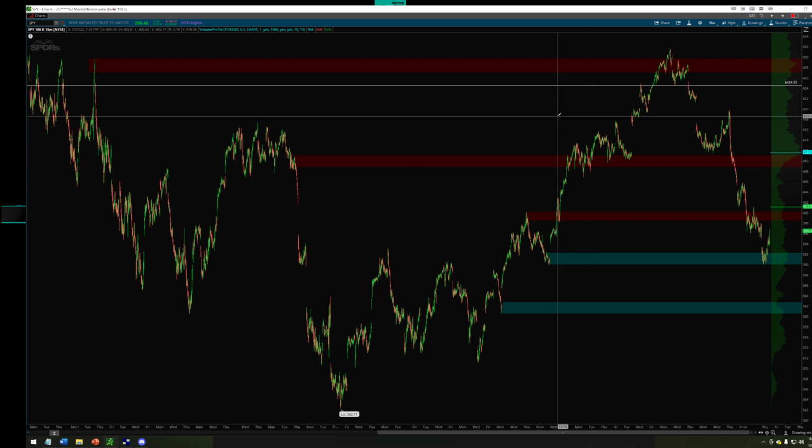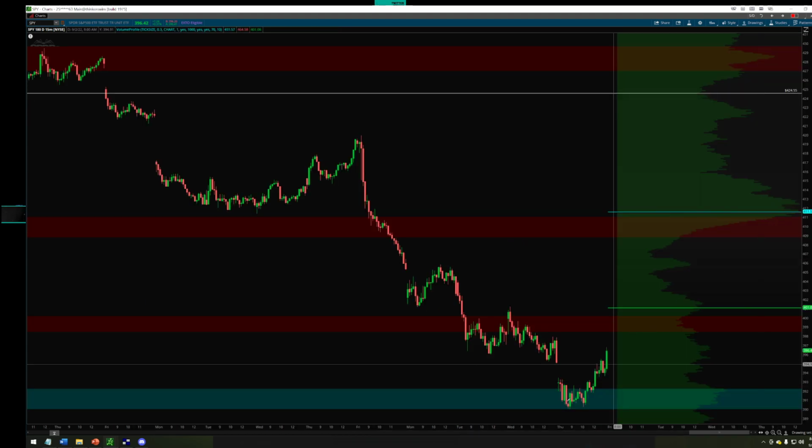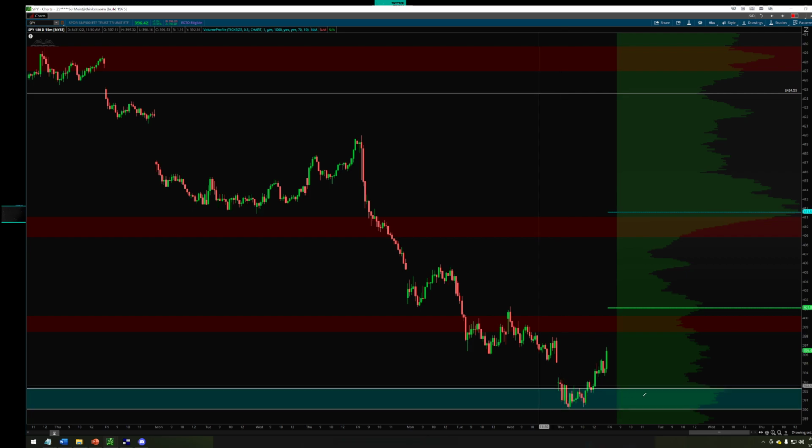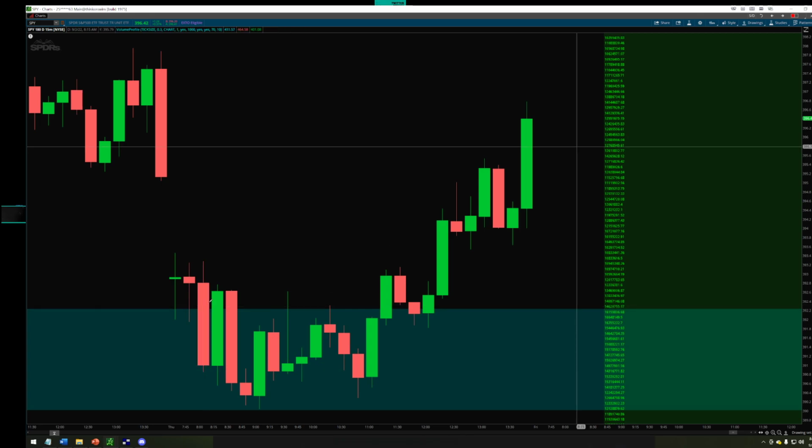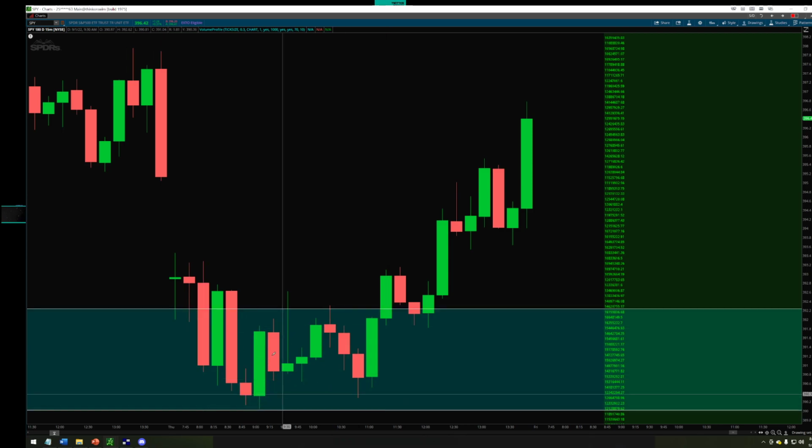We arrived at this demand zone and it touched it. If you got long here, okay, you did fine, but you waited one, two, three. You have to see how it behaves in that area, because it's not a specific level like support and resistance. It's a zone, so you have to see how the buyers and the price action behave here.